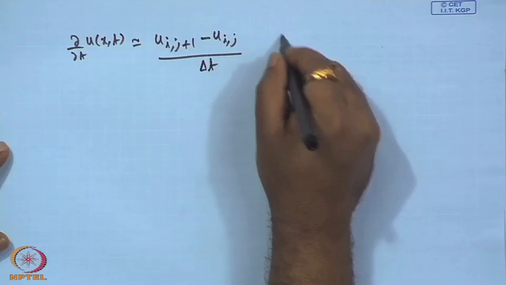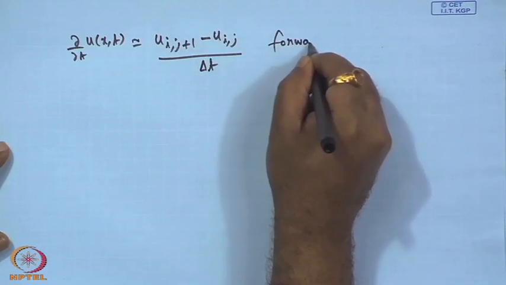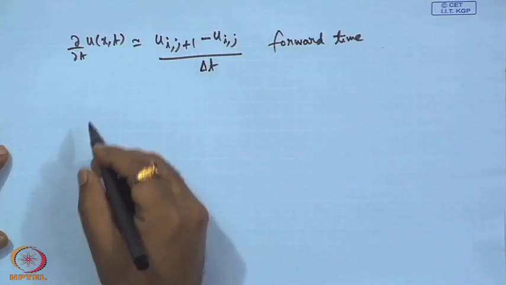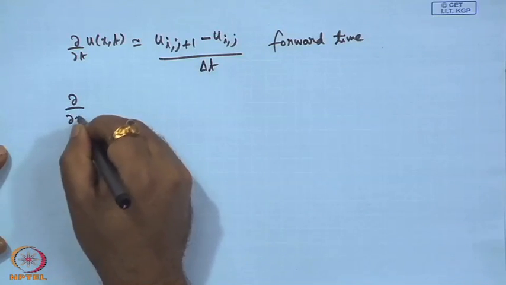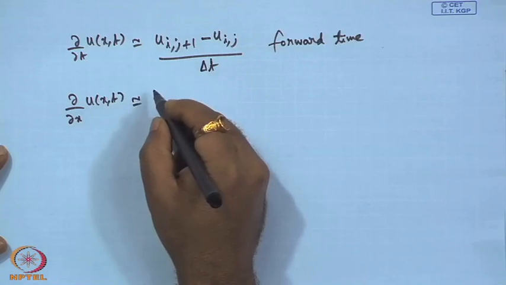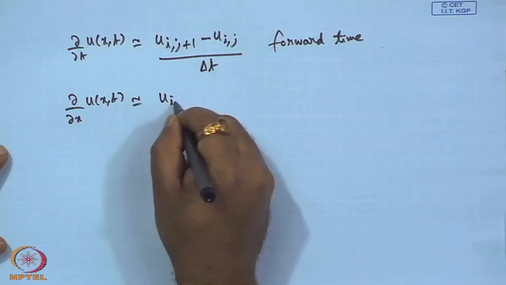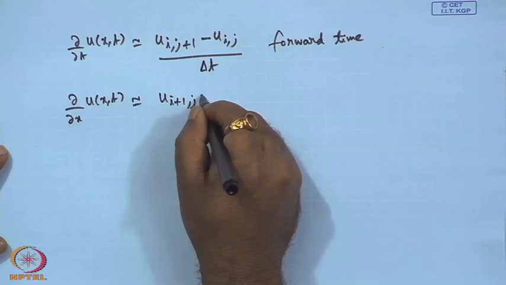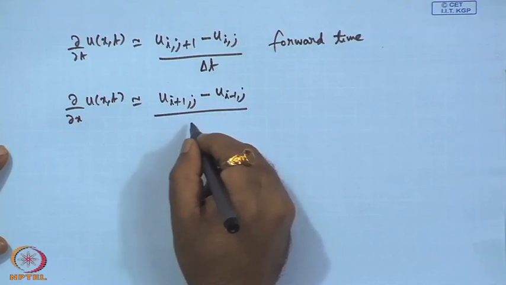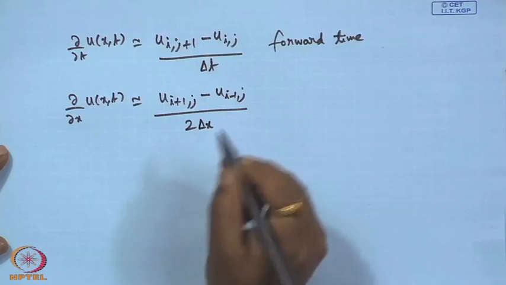So, this is forward time, then minus, by 2 delta x.